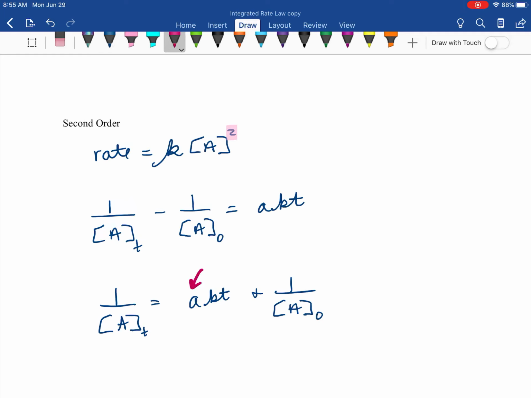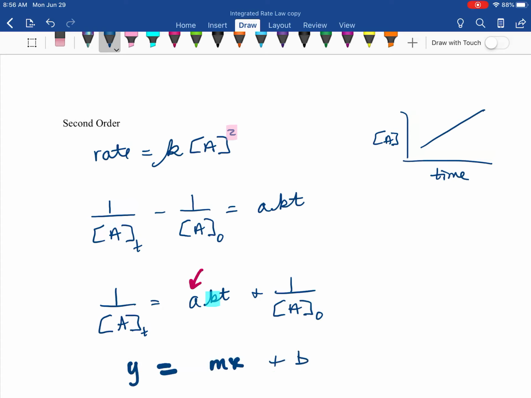So right here, that means that our plot is actually going to have an upward slope. And again, our slope would be our rate constant. So there is our line equation.